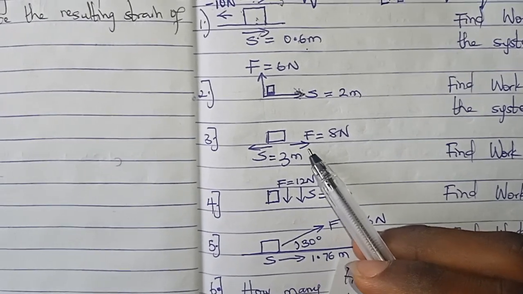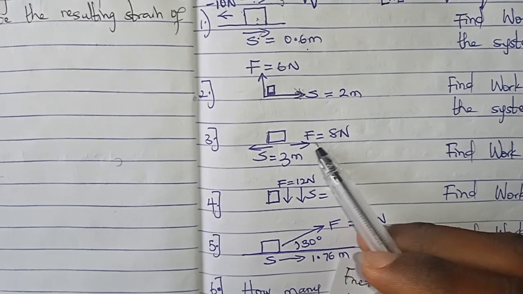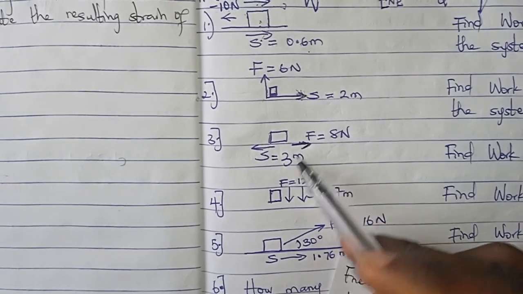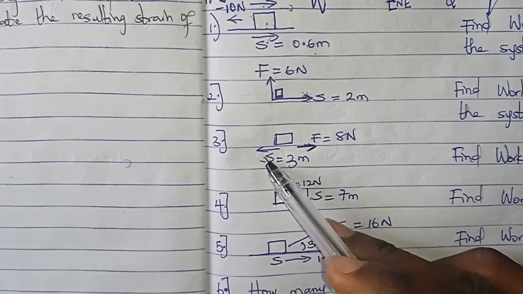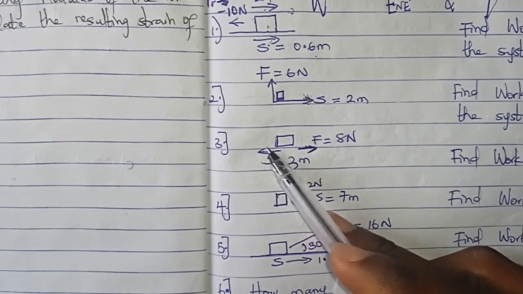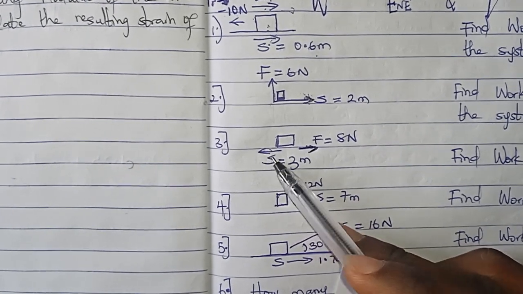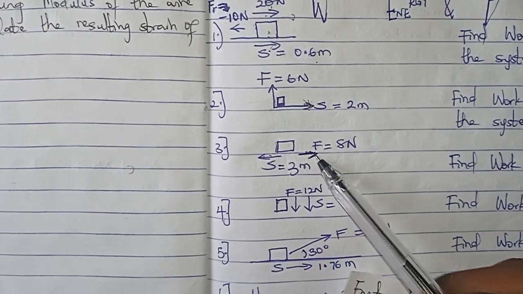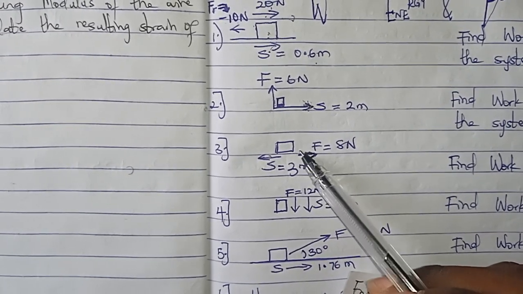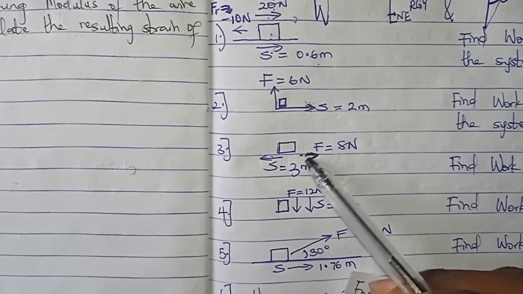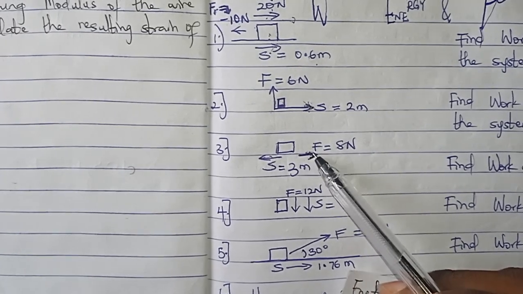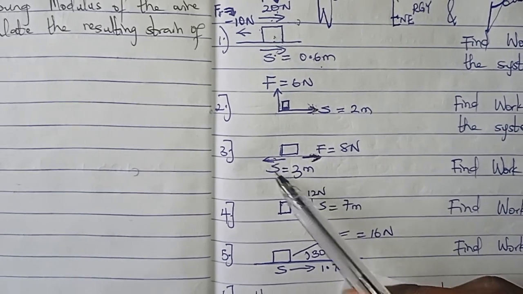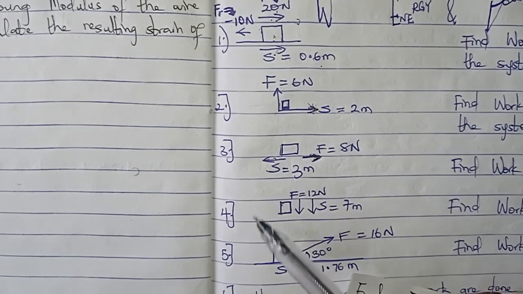We have force. See the direction of the force. It's at the 0 axis. Then the displacement is in the opposite direction. It's going towards the 180. Are you seeing it? So at this point, we can say that force is at 0, while the displacement itself is going in a different direction.